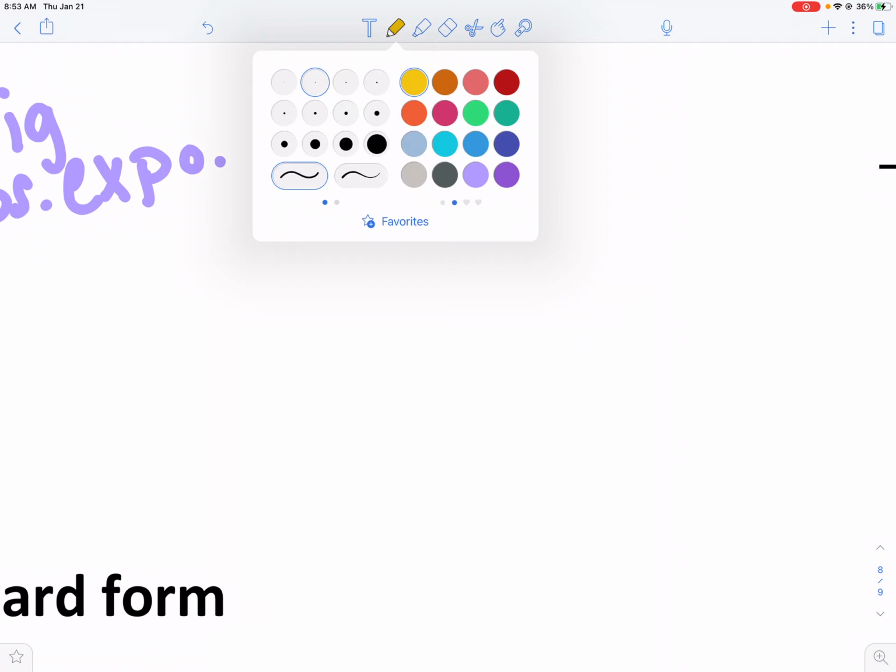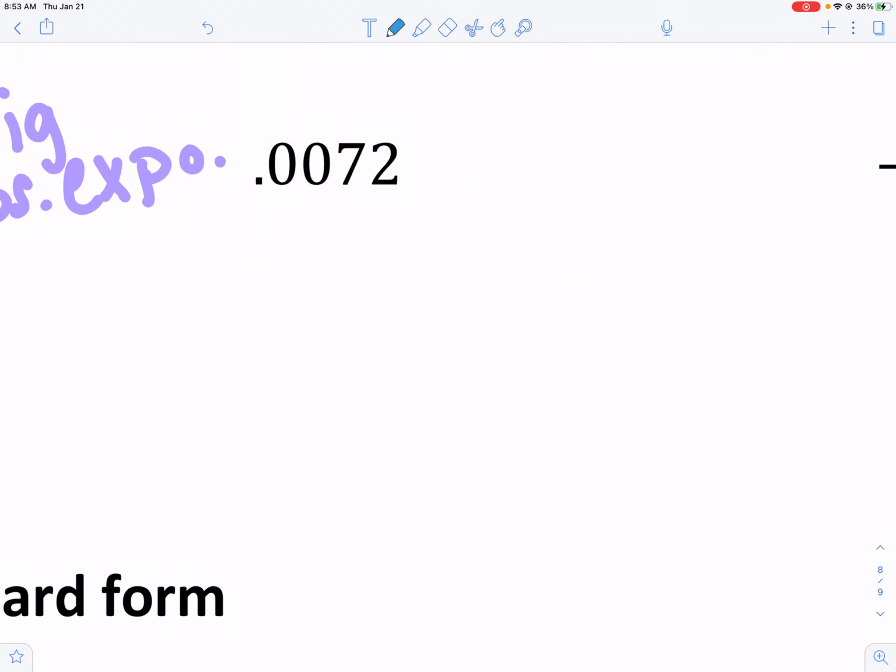So let's look at the next one. 0.0072. So this is a small number. It's a decimal. So my small numbers are going to have negative exponents. I'm going to move my decimal until there is only one digit in front of the decimal. So 1, 2, 3.